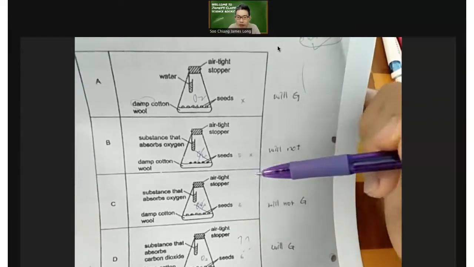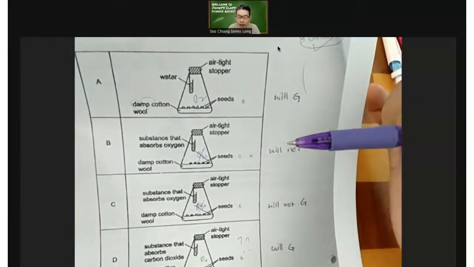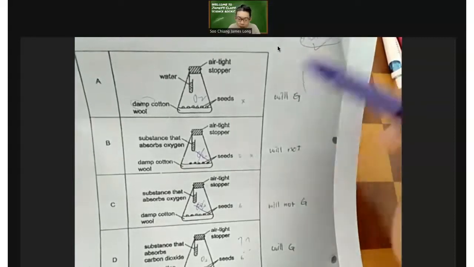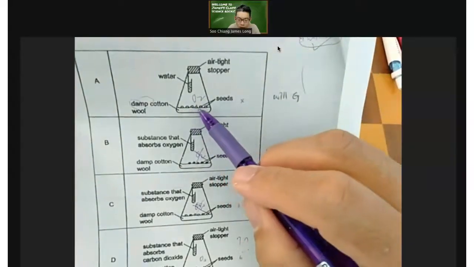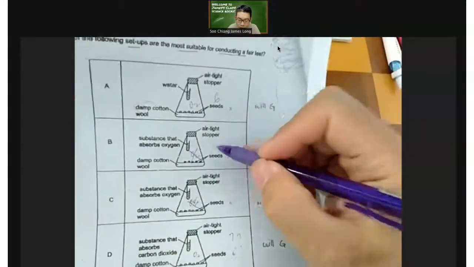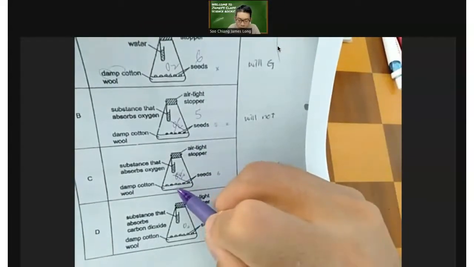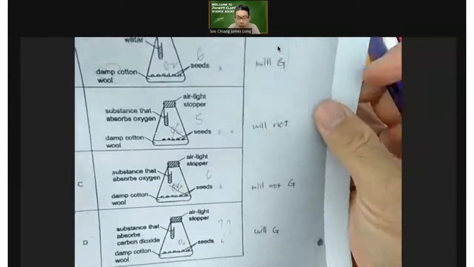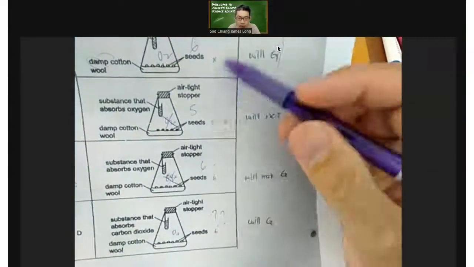So let's see what other variables should not be different. I count 1, 2, 3, 4, 5, 6 seeds here. I count 1, 2, 3, 4, 5 seeds. I count 1, 2, 3, 4, 5, 6 seeds. Yeah, I see you've done the counting as well. Very good.